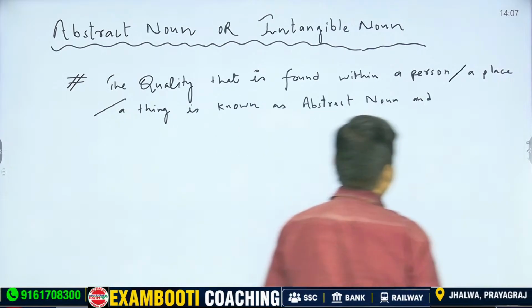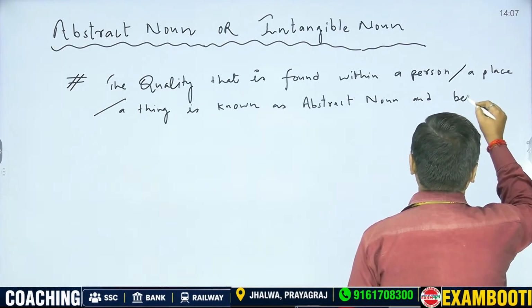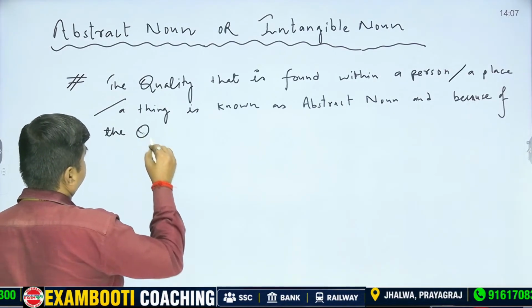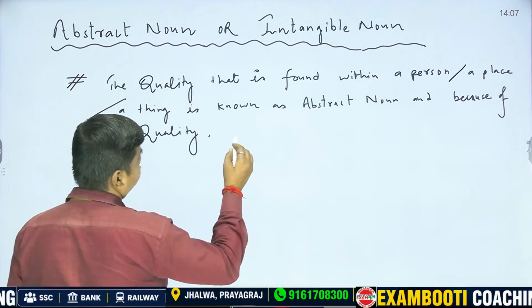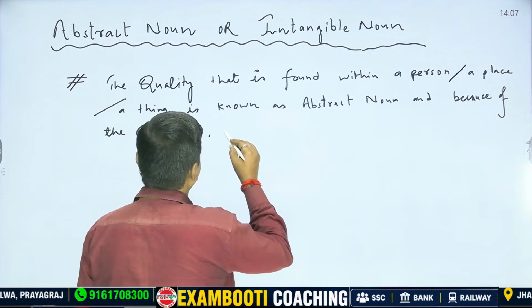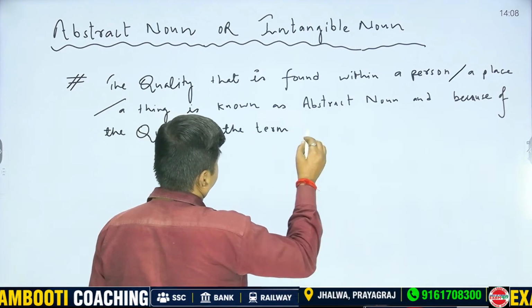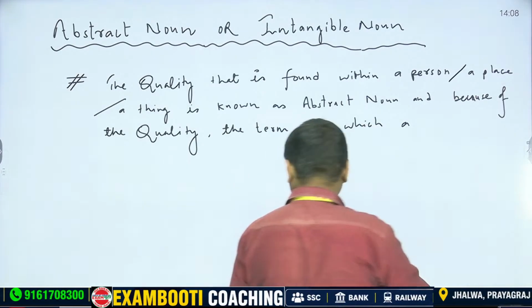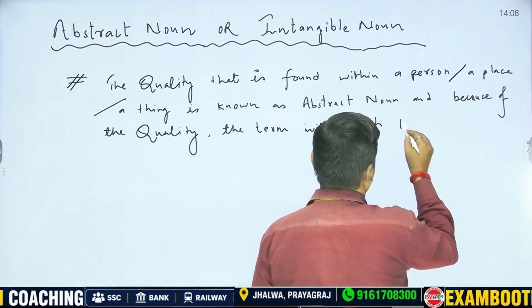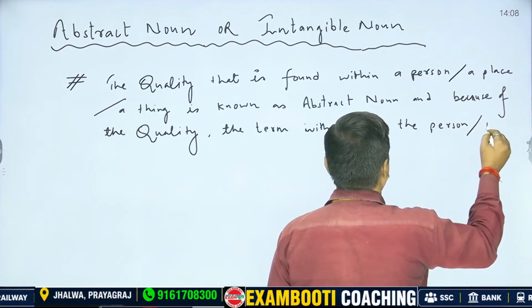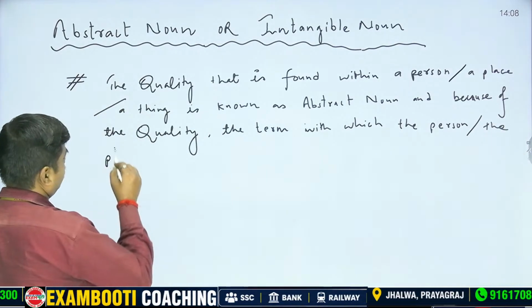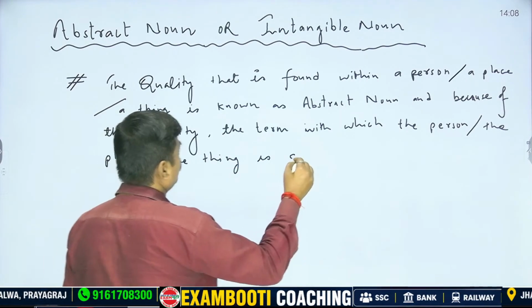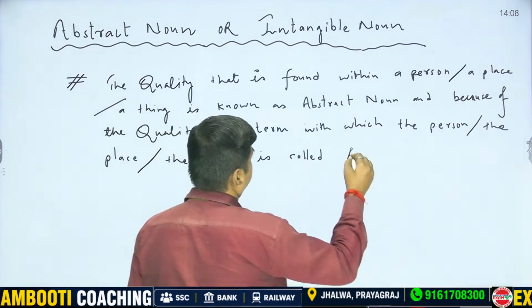And because of the quality, the term with which the person, the place, and the thing is called adjective.